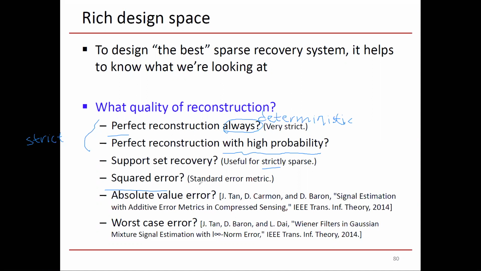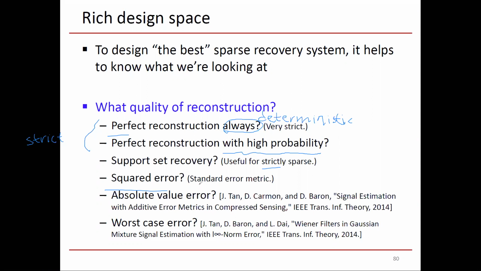But then there are signals where squared error is not so good. So imagine, for example, that you have a signal or you have a reconstruction method that is going to have a lot of small errors. And when you square them, they're kind of meaningless.